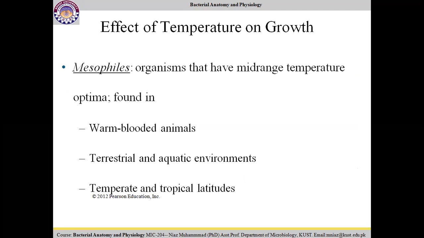So, the effect of temperature on growth: mesophilic organisms that have a mid-range temperature optimum live in the alimentary canal and on the outer skin of warm-blooded animals.